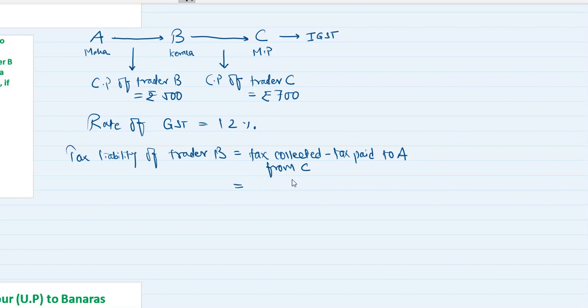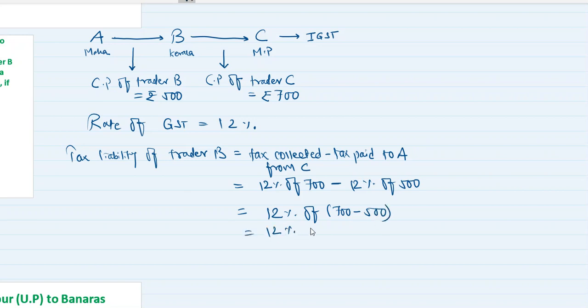So the tax collected from C will be 12%. So 12% of 700 is the tax collected, minus the tax paid to A. Tax paid to A will be 12% of 500 rupees, because for 500 trader B buys the goods or services from trader A. We can simplify this by writing 12% of 700 minus 500, that is 12% of 200.